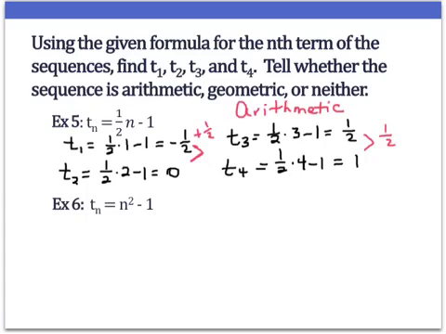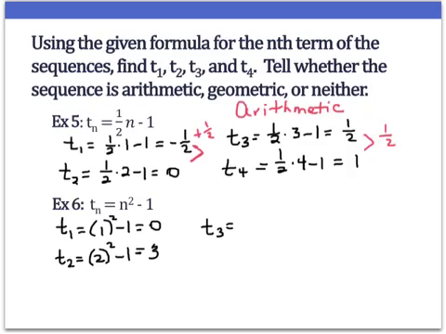Let's try the other one. T1: this tells me to square the 1 and then subtract 1, and that gives me 0. T2: square it, subtract 1, that's 3.